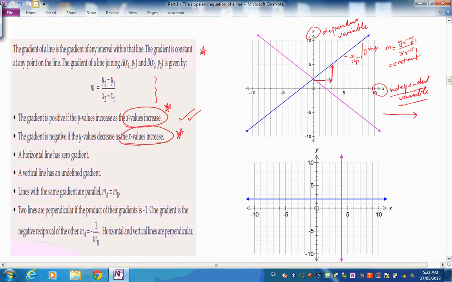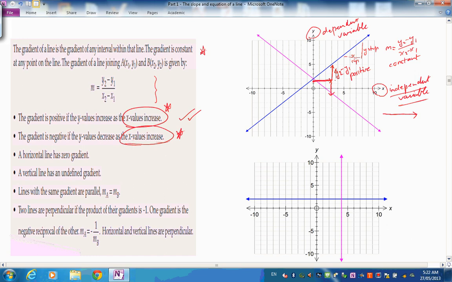Y is increasing. That's what we're saying. Okay. What about the line below here, the pink one? Let's go from the same point. As we increase x, what's happening? Y is decreasing. Do you get the idea? It's not hard to see. So that means the y increasing up here for this one would mean that delta y, or y2 take y1, would be positive.